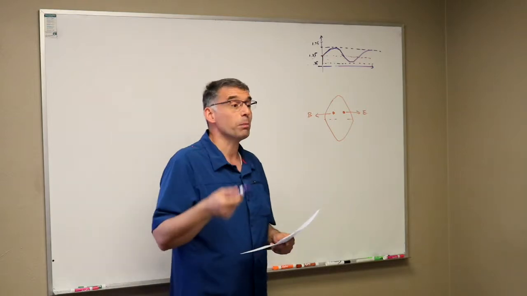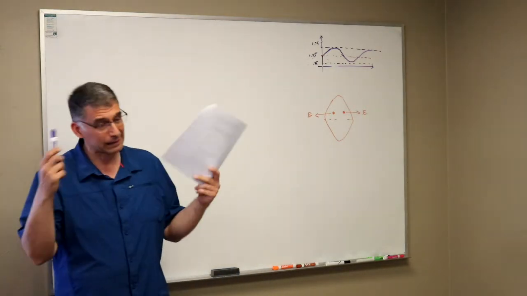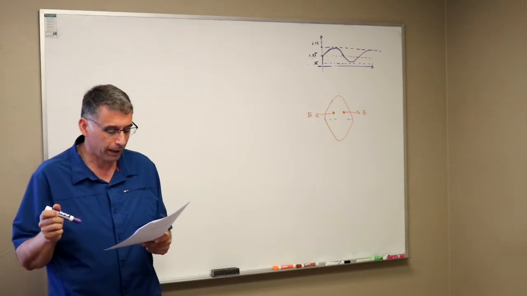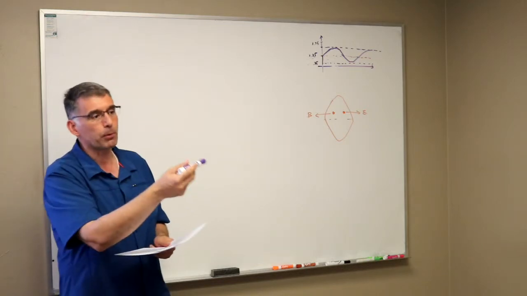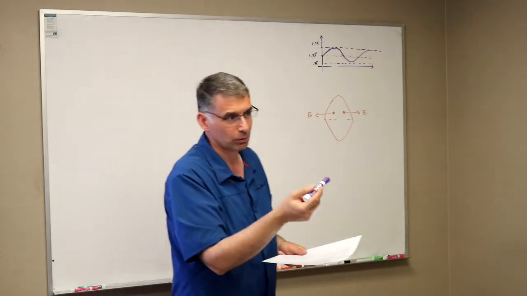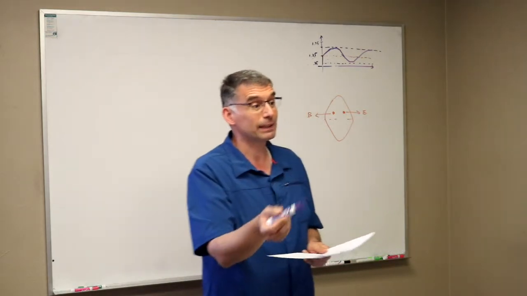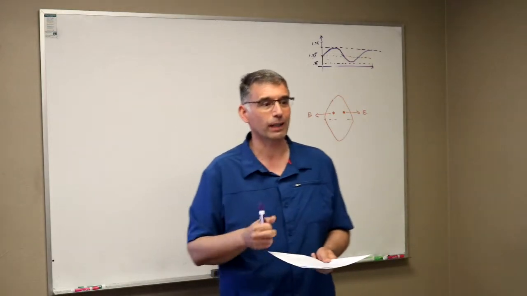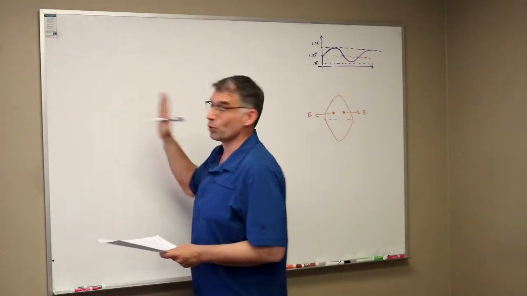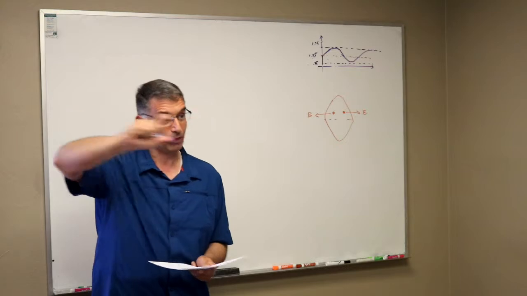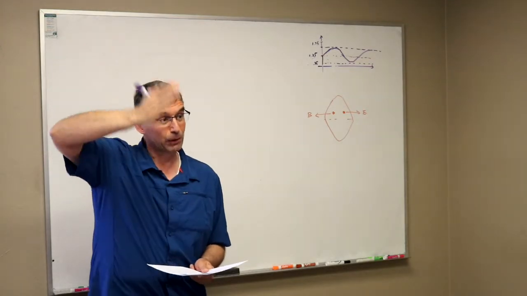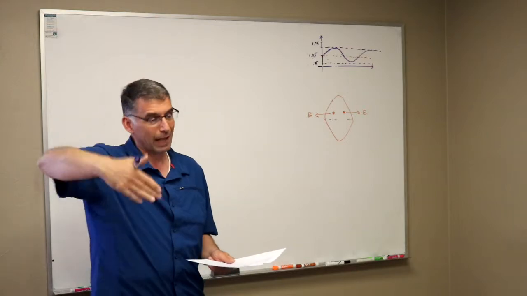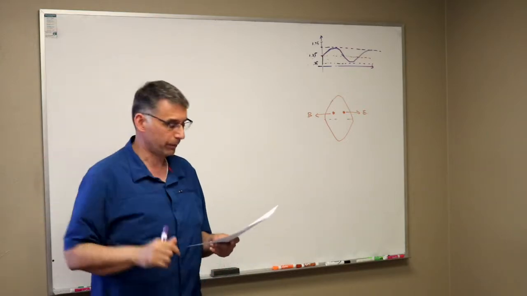Now, the actual math to show it is complicated, beyond the scope of this class, but we can use examples to show how that works. And one of the best examples is the square wave, and that's why we keep using the square wave. We try to show that there are certain frequencies in there, and if that particular frequency gets tuned to the tank circuit that we're using, that's the one that is going to pop out, okay?